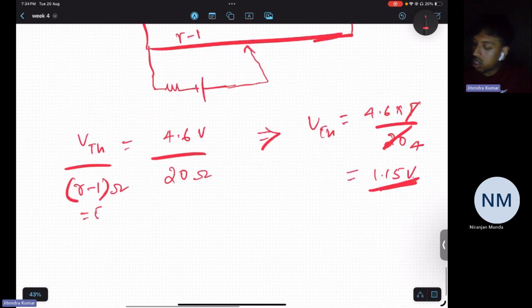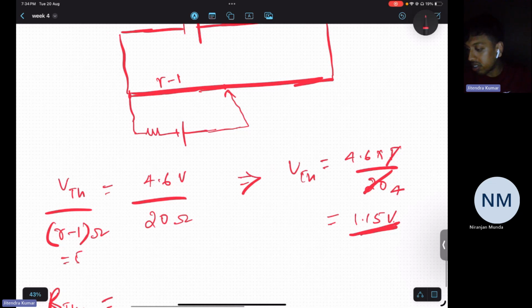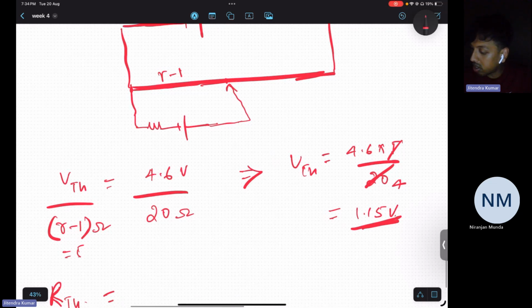Now calculate the resistance. How to calculate RTH? RTH is nothing but this parallel to this. Actually, what did we do last time? This resistance parallel to this resistance. Let me show.